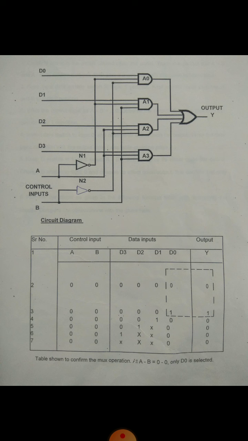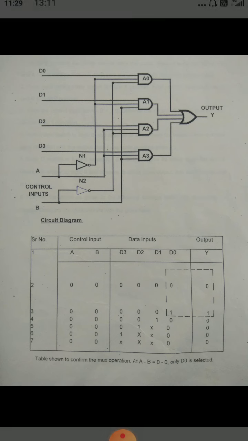And for other combinations, all the other gates will be false. None of the other AND gates will be true for other data inputs.